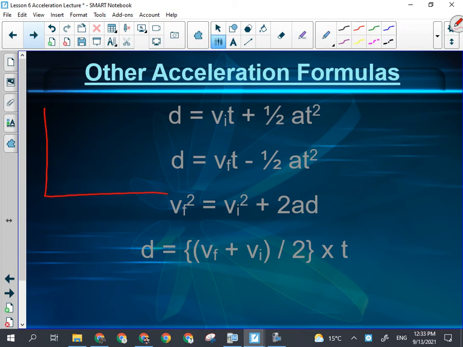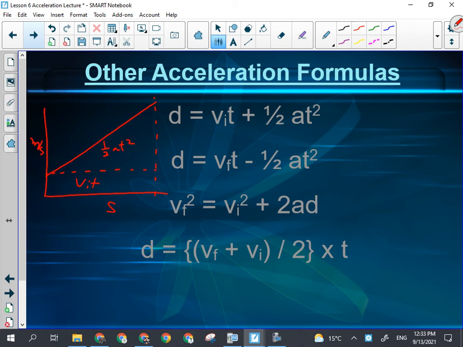If I have an object that's accelerating and I get a graph that looks like this, this formula calculates displacement by doing this. That bottom part will be the height of the rectangle, VI, my initial velocity, times time, so it calculates the area of the rectangle, and this part calculates the area of the triangle.